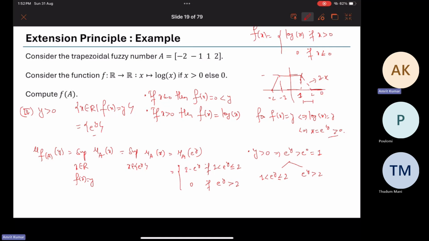So this is what we are doing here. So when is e to the power y between 1 and 2? When y is greater than 0 and less than or equal to ln 2. I'm just taking the natural log on both sides.